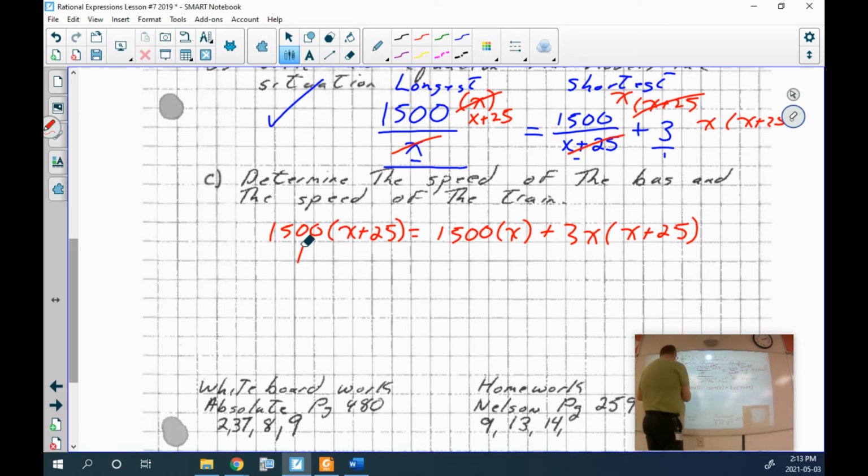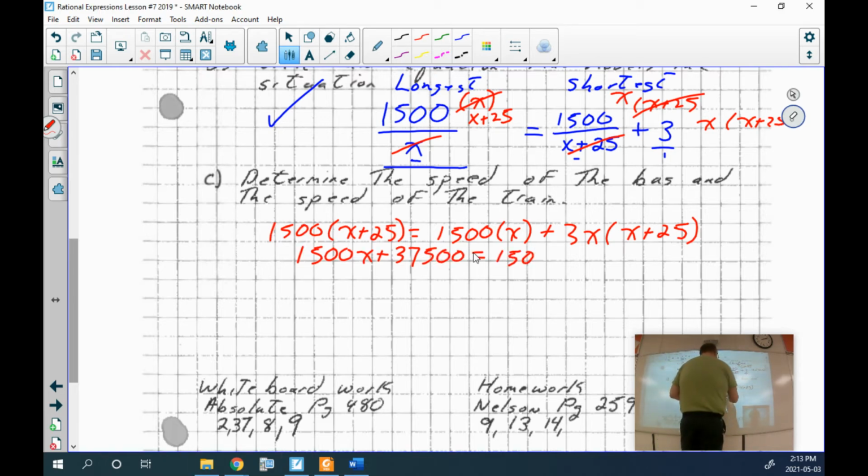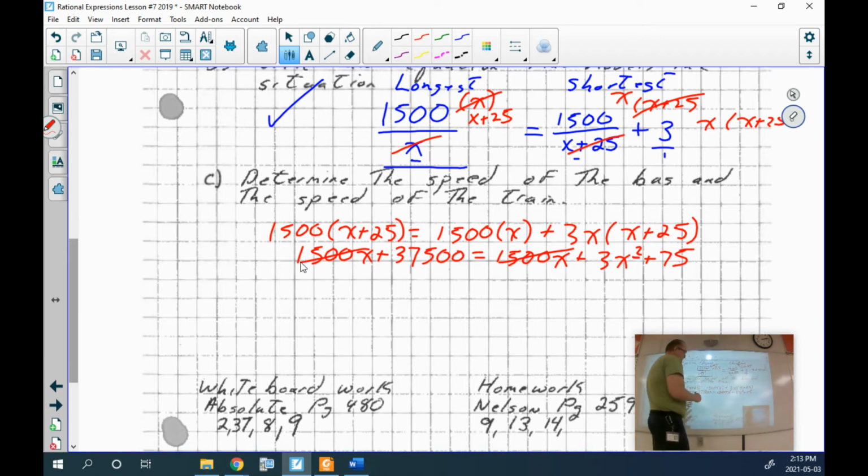Well, this is factorable. 1,500x plus 37,500 is equal to 1,500x plus 3x squared plus 75x. There are 1,500 x's. If I subtract them from both sides, they disappear. We have another quadratic, so that means everything has to go to one side.